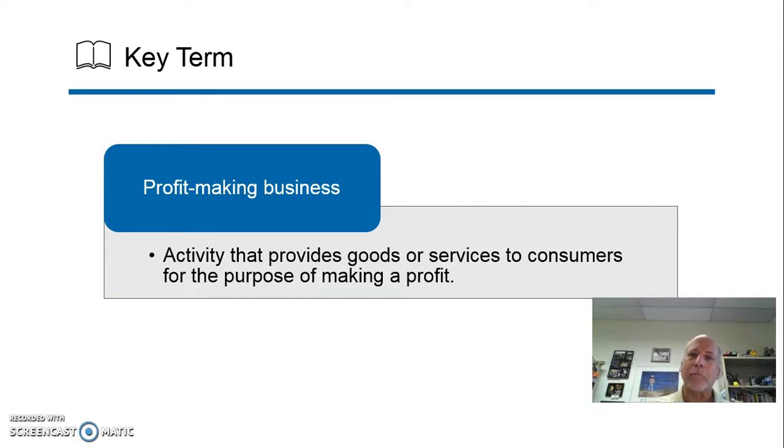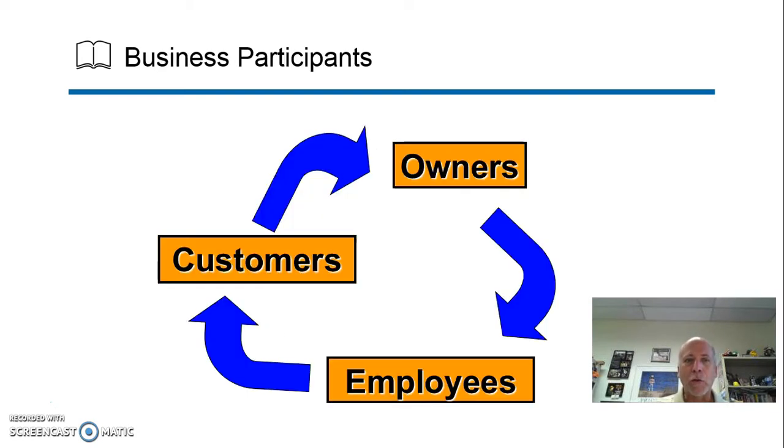If I can't make a profit at doing it, it would be unlikely that I would put all my money and my time and my energy and my resources into starting that restaurant and running that restaurant if I can't make some type of profit. So the participants in that situation are customers, who obviously have to come in and buy my product. I'm the owner.